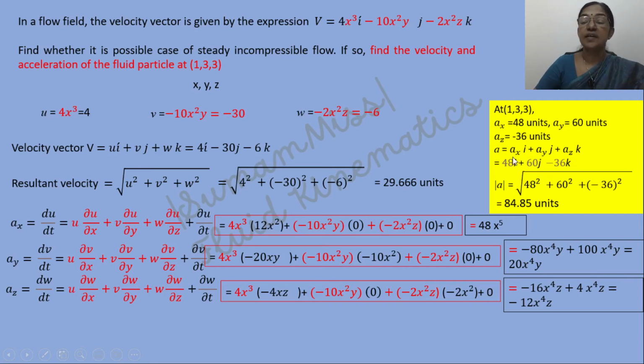So a is equal to axi plus ayj plus azk, or it can be written as 48i plus 60j minus 36k. The acceleration is equal to the root of ax square plus ay square plus az square, that is equal to 84.85 units. All of you can solve the problem on your own and verify the answers.